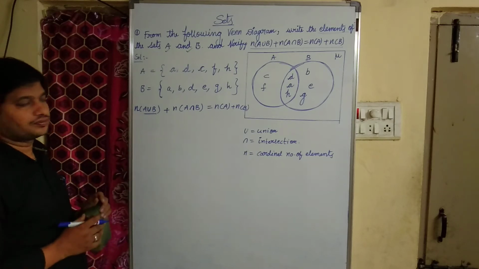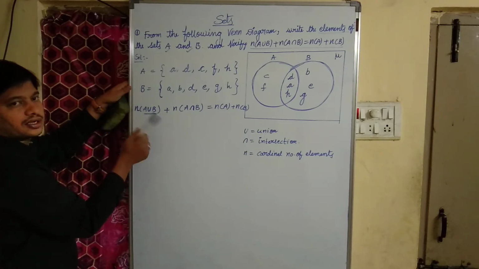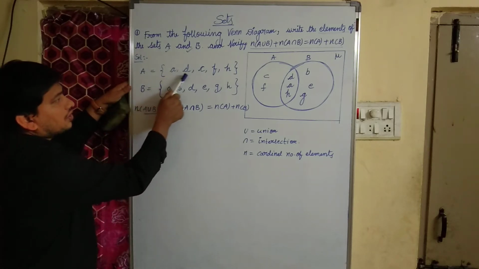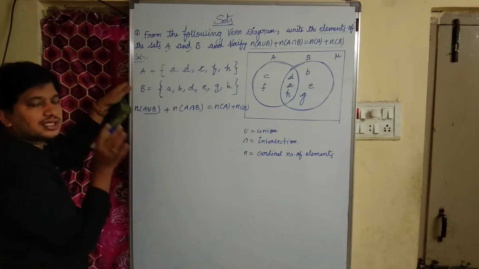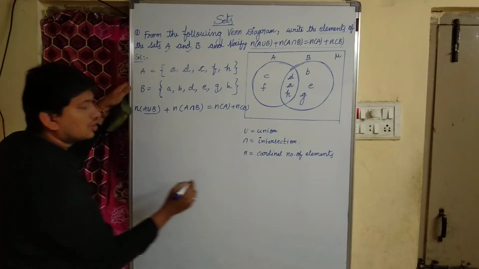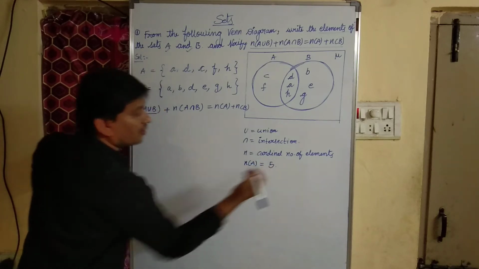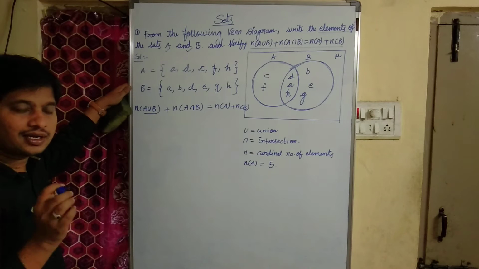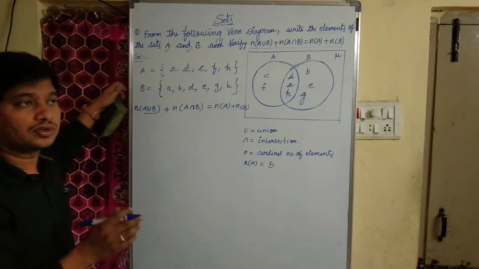If you observe here, set A consists of 1, 2, 3, 4, 5. How many elements does set A consist of? Set A consists of 5 elements. So what is n of A? n of A is 5. I mean n indicates the number of elements present in set A.